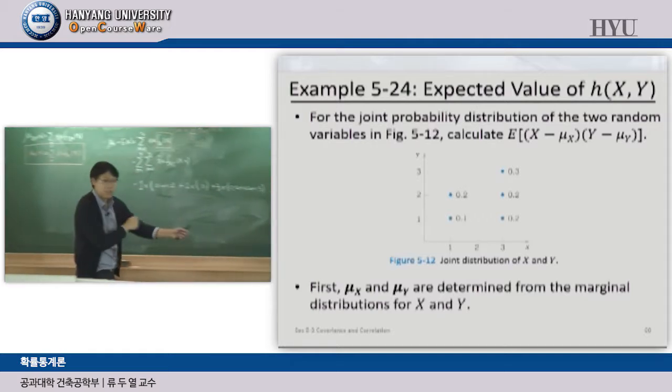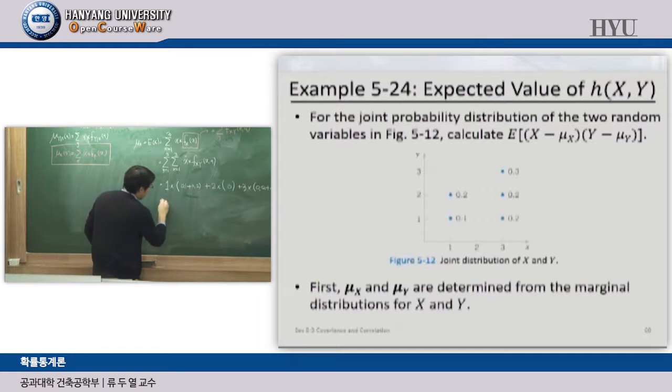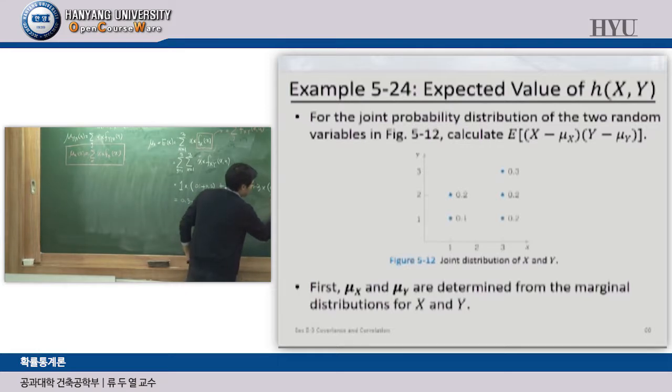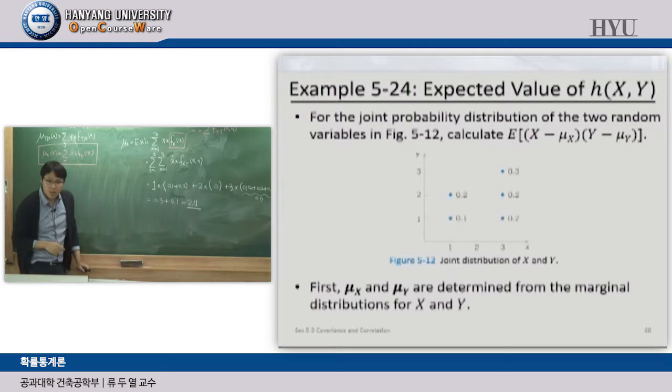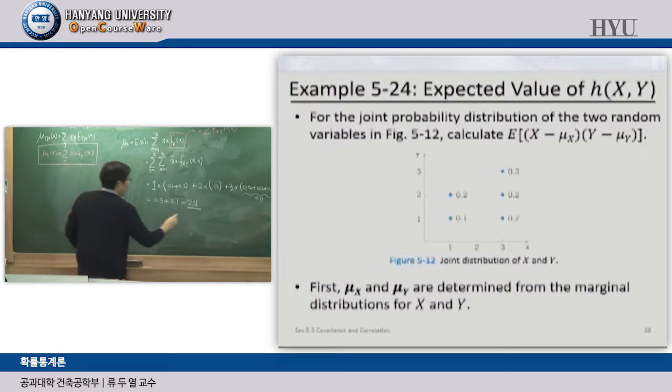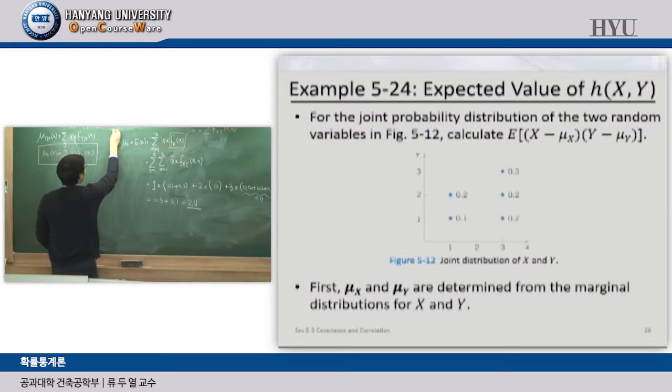So this is equal to 0.3 plus, and what about this? This is 0.7 times 3, so this is 2.1. So the answer is 2.4. So we already calculated this value, that is 2.4.